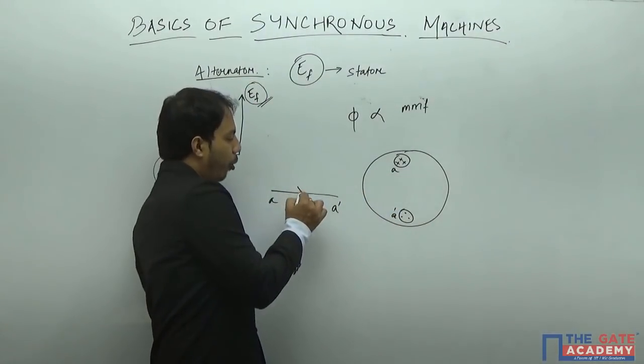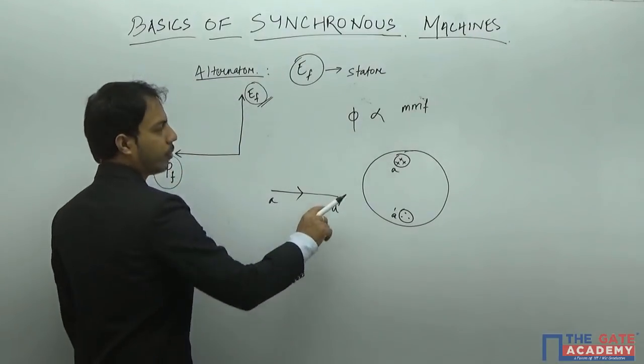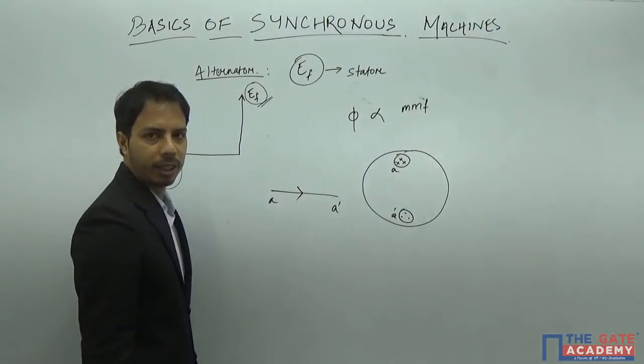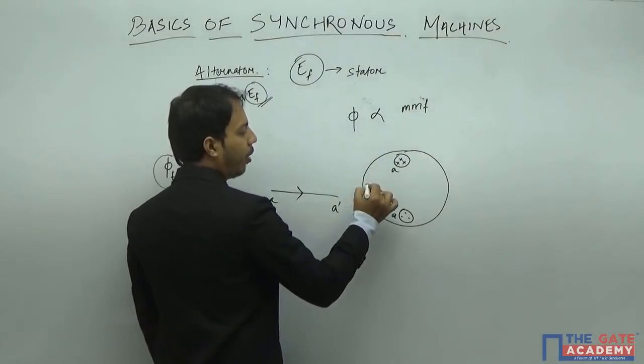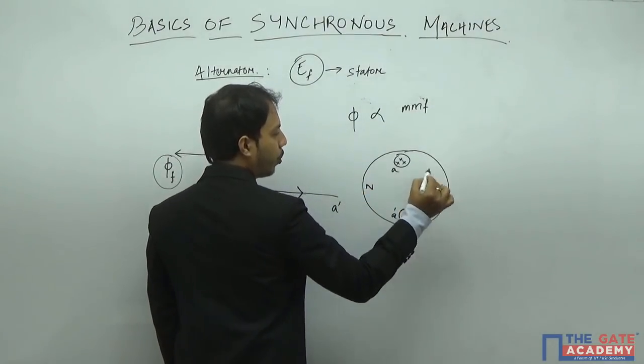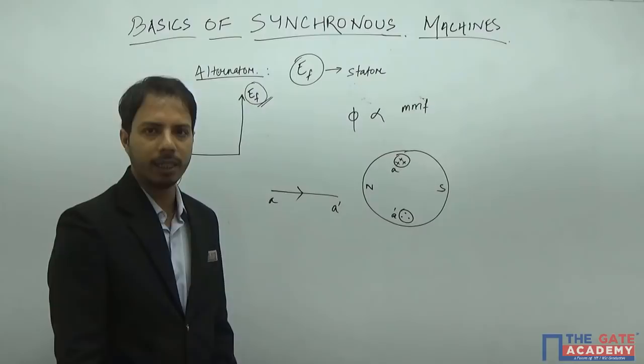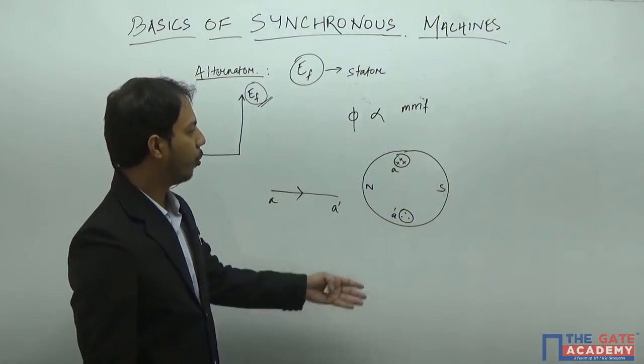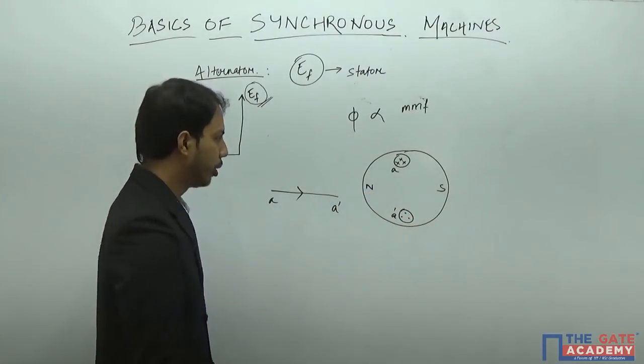Now when current flows from A to A dash, as I'm showing here, I will have a north pole here and a south pole here. I have already discussed in earlier topics how to find where the north pole and south pole are.